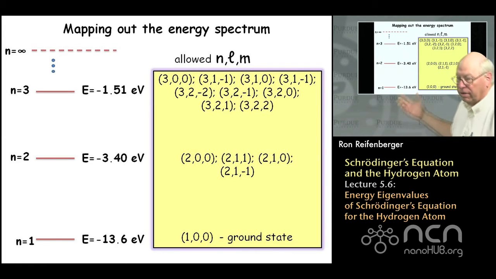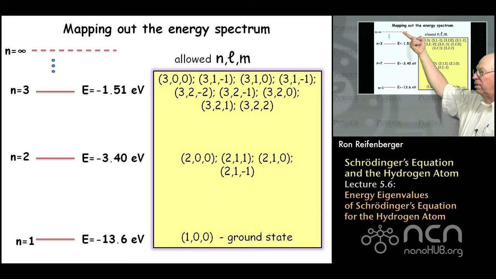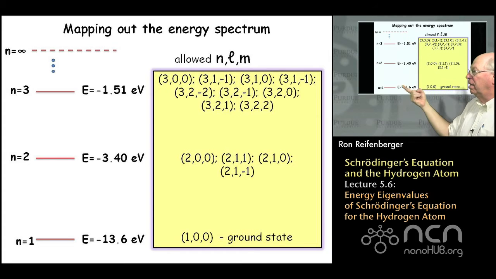What you can do now is start to map out these energy levels. So here's the ground state level, n equals 1, at minus 13.6 eV below the vacuum level, which is up here at E equals 0. The quantum numbers that describe the electron when it's in this energy level are n equals 1, script L equals 0, script M equals 0.